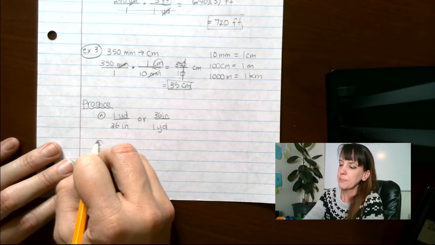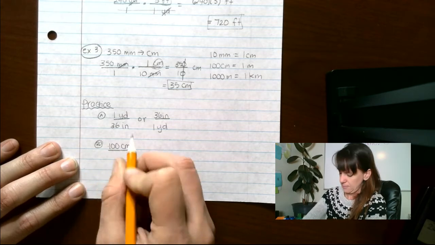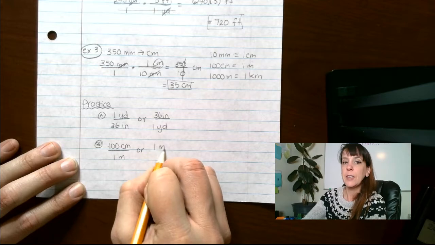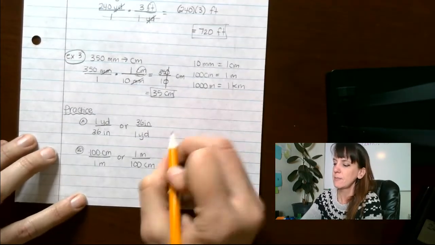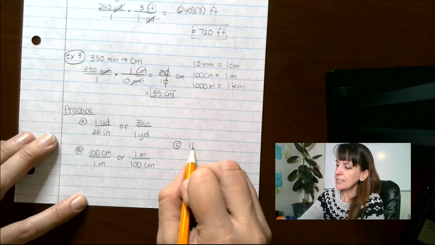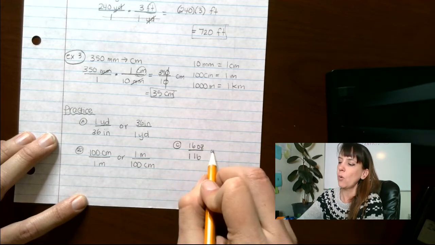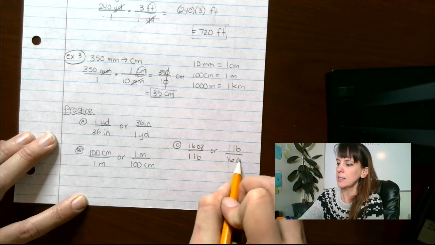For B, 100 centimeters is 1 meter, or 1 meter is 100 centimeters. All right, for C, 16 ounces in 1 pound, or 1 pound equals 16 ounces.